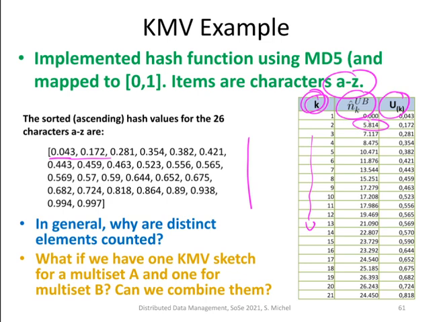But it is not true in general that by making k larger, the error will get smaller. For instance, you see these two values: if you take k equals 15, the estimate is better than the estimate for k equals 16.